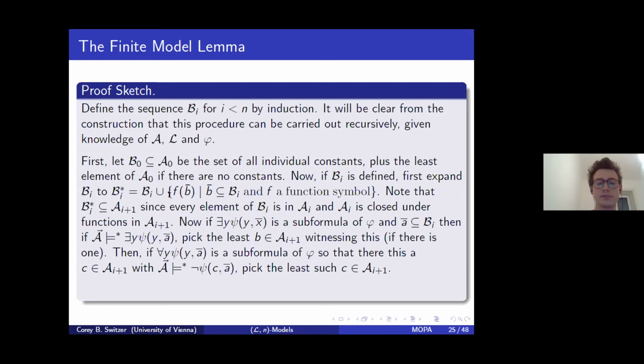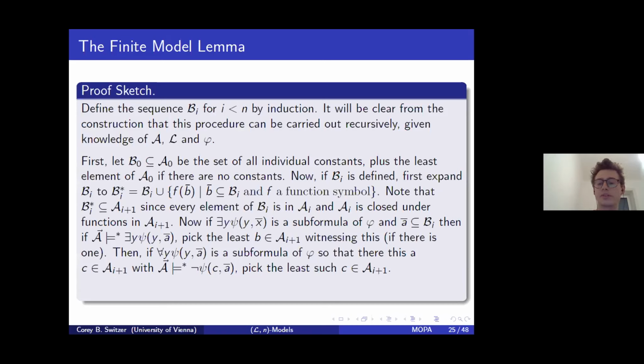Then the next thing you do is for each subformula of phi of the form there exists a y such that C of y, comma x bar, and each a bar that was in my B_I already constructed, if A thinks that there exists a y such that C of y, comma a bar, pick the least b in B_{I+1} witnessing this and throw that in.